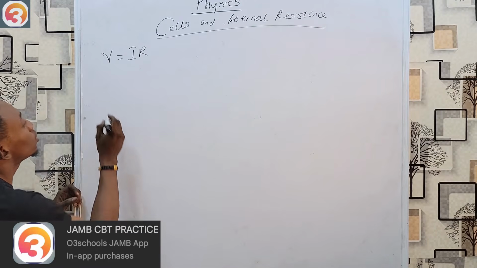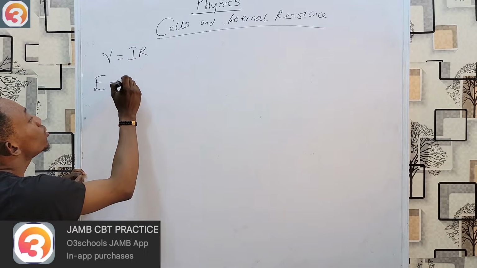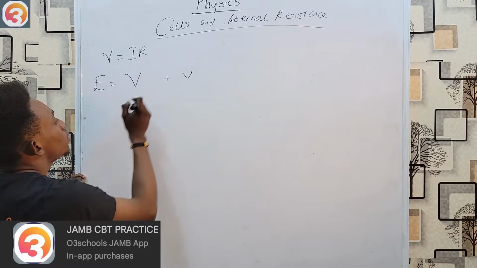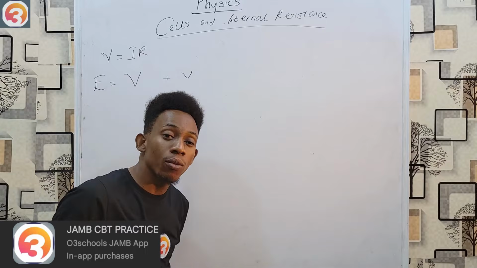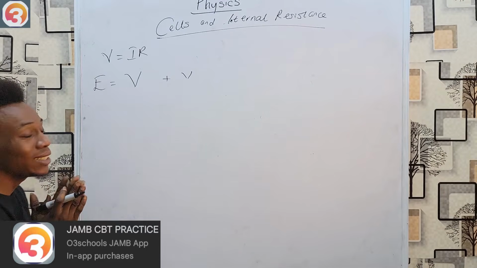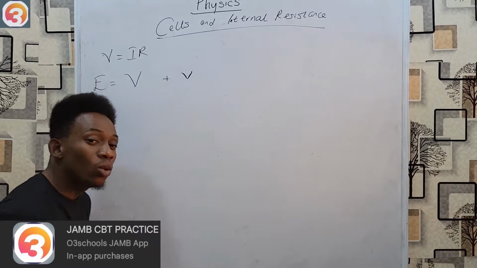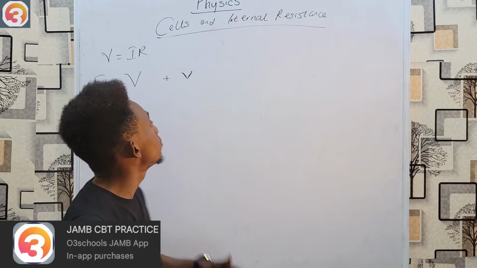Therefore, we can now say that E must be equal to V plus small v. This big V refers to the terminal voltage, the potential difference that is able to come out, while small v refers to the lost voltage or the potential drop, the one that could not come out.